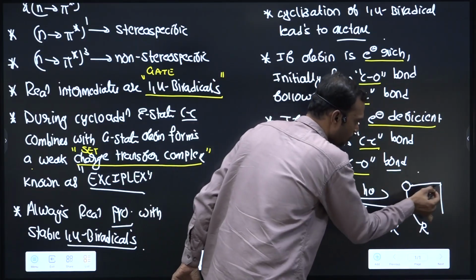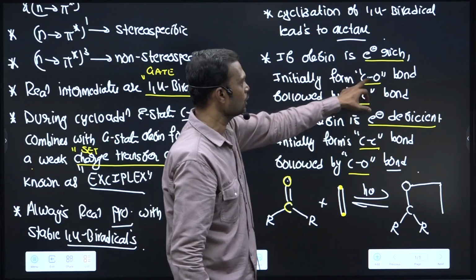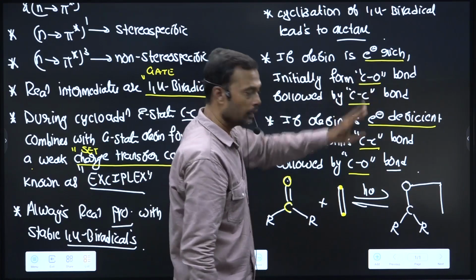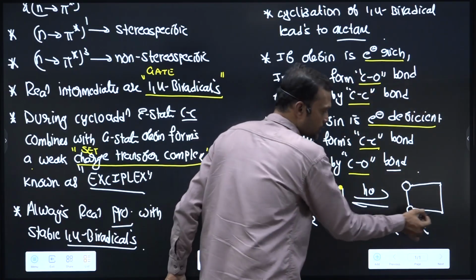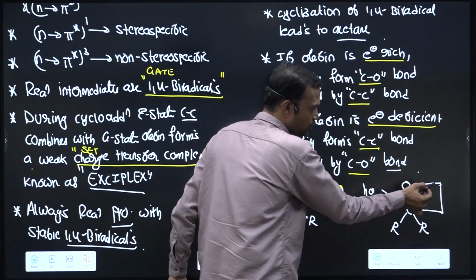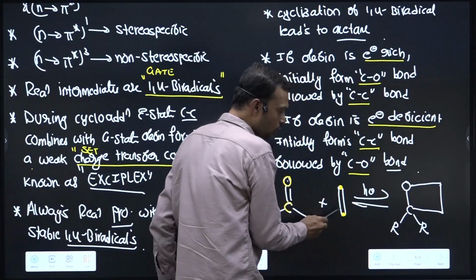This is called the CO bond. Later on, the CC bond, between C and C. This is called the CO bond. Suppose this olefin is electron rich.